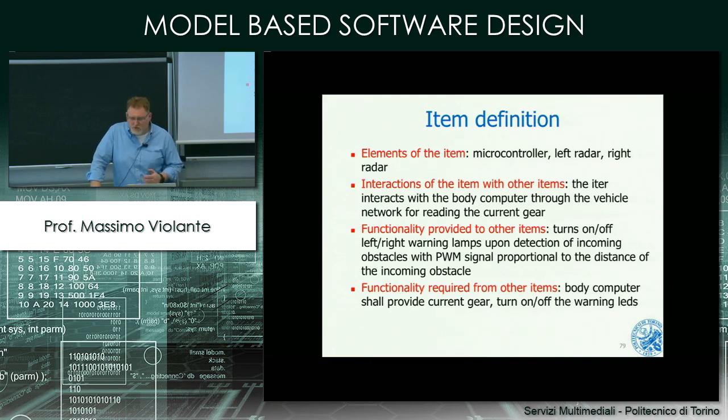It is where you connect the commands that you have on the dashboard and on the steering wheel. Think about the different levers that you have on the steering wheel. Think about the push button that you can have on the dashboard. All of them are handled by the body computer. One of the things that the body computer delivers is the speed of the vehicle and the gear of the vehicle.